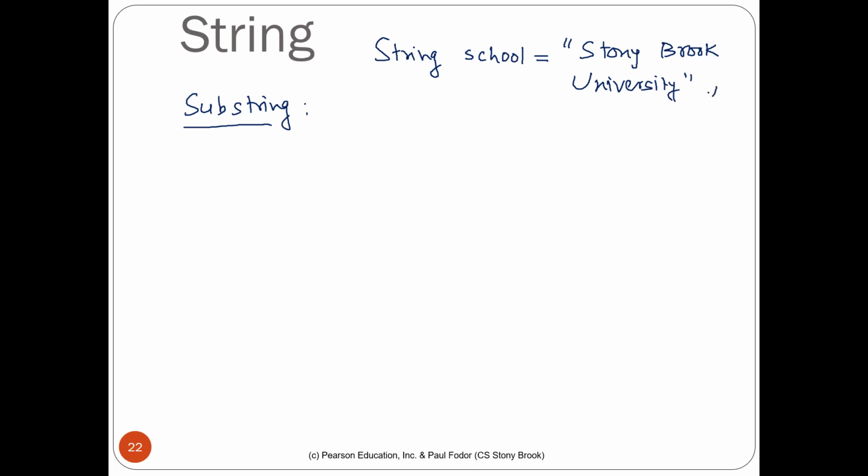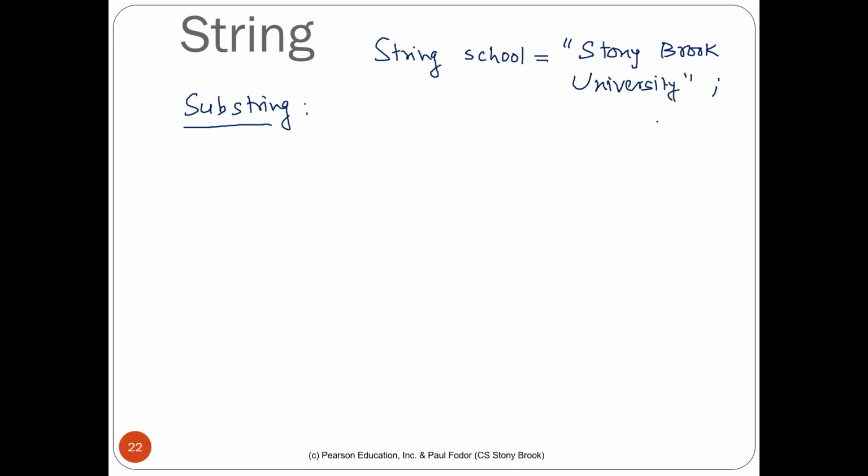This is our string. How about substring? If you take a portion of the string out, then that will be called a substring. As an example, we can have so many substrings out of this string. That's a combinatorial problem, like how many substrings are possible from a string of length n.